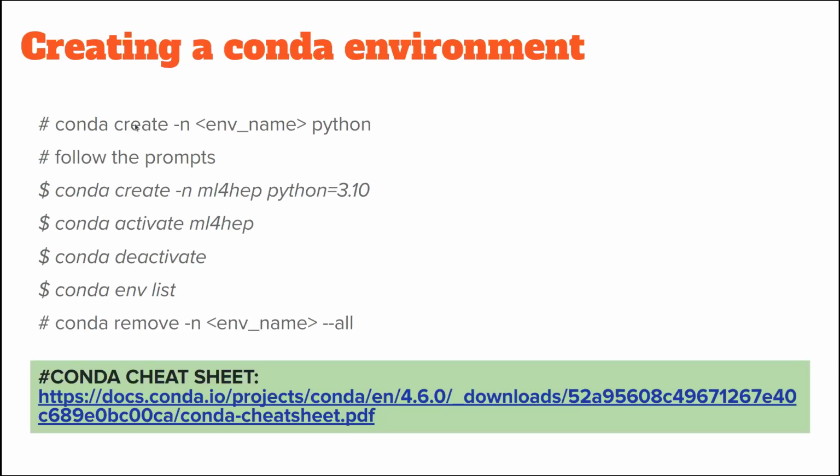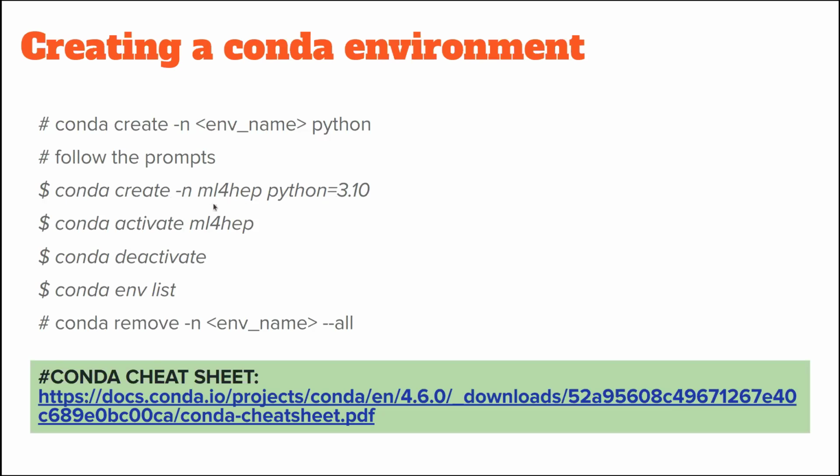Then after doing this, we can just follow the prompts and that will be done. So for example, if we want to create an environment named ML4HEP, we can do this: conda create -n ML4HEP, and then Python with a specific Python version. So let's say we want 3.10. We can do any other versions and other things also.